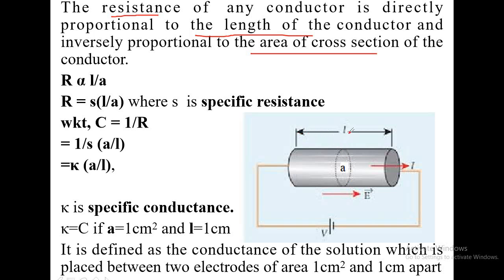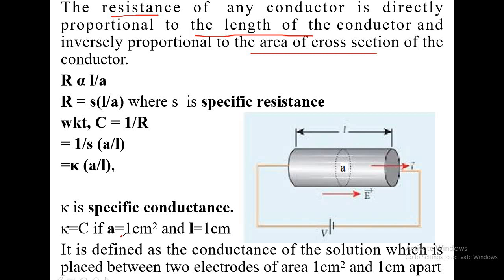That means with the increase in the length of the conductor, the resistance offered to the flow of current increases. As the area of cross section increases, the resistance offered by the conductor to the flow of current decreases.